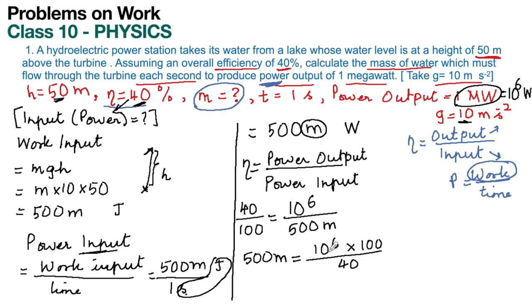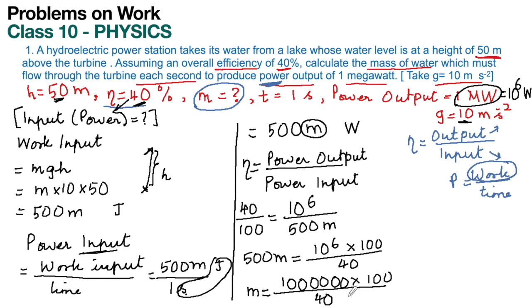Correct? This has gone that side. So it became 100 upon 40. So M will be equal to 10 to the power 6, so I'm going to write here 6 zeros, multiplied by 100 and that is divided by 40.